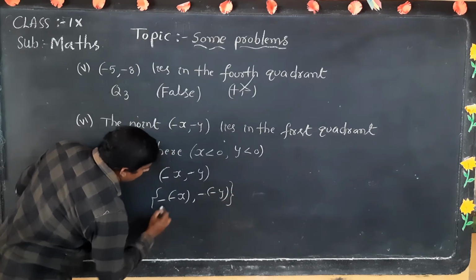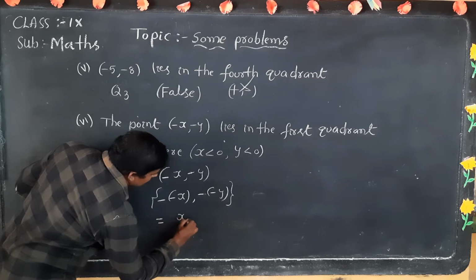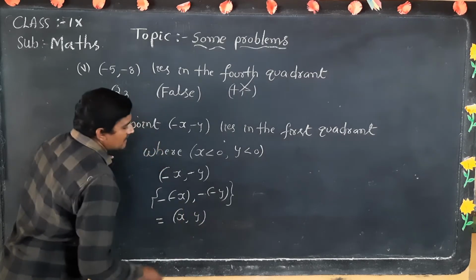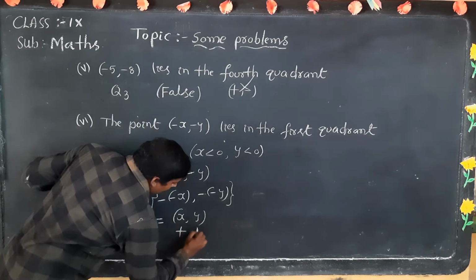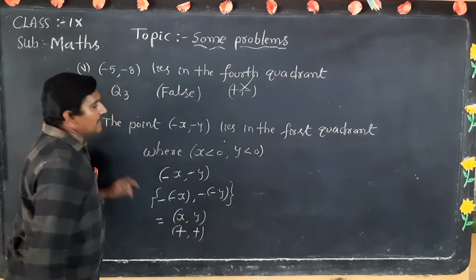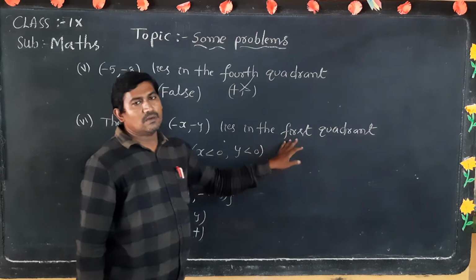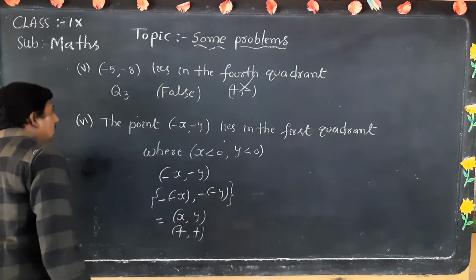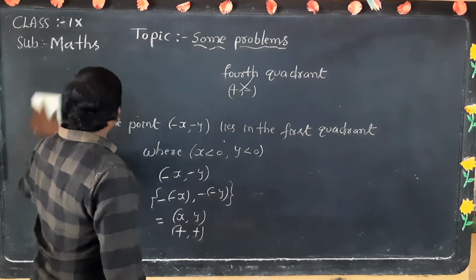Minus into minus x, minus into minus y gives positive values only. Positive values means plus comma plus. Plus comma plus means compulsorily first quadrant only. So this is the correct answer. First quadrant, correct answer. And next.